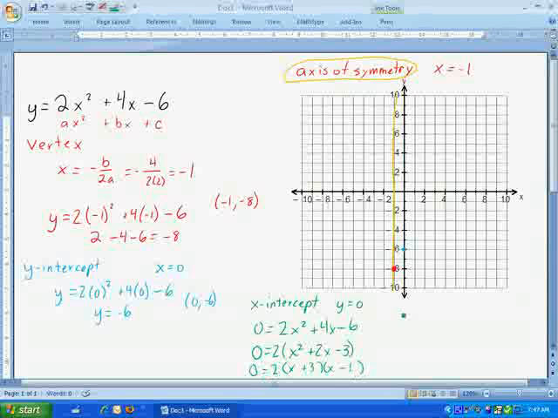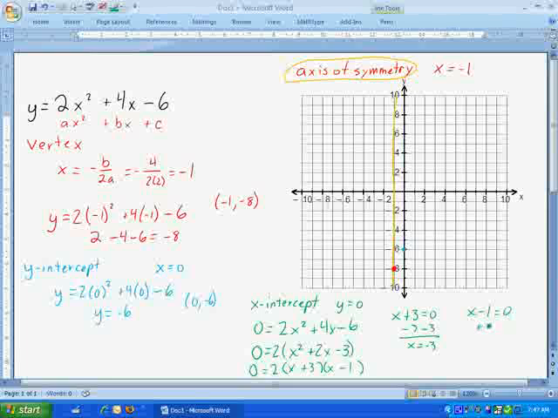The 2 obviously can't be 0, but x plus 3 could be 0, which would give me x equals negative 3. And then x minus 1 could also be 0, so we'll go ahead and add 1 to each side. So x is equal to 1. And so let's put our x-intercepts down. We have an x-intercept at 1, and we have an x-intercept at negative 3.